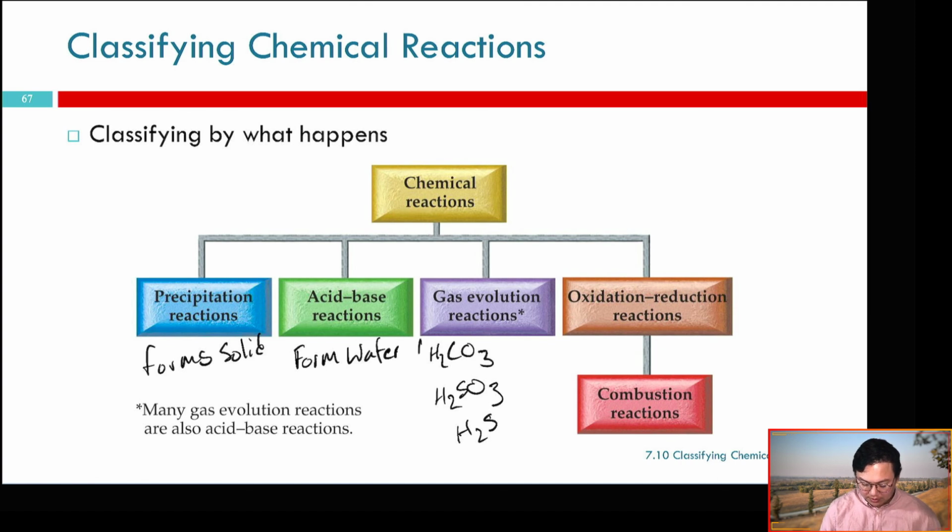So in this column, we're looking for these things. And then, what was the other one? Ammonium. If you form NH4OH, ammonium hydroxide, that will form a gas. So we're looking for those four as our gas evolution reactions.